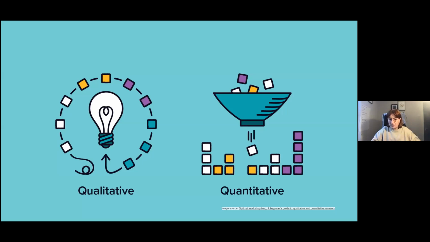But you can still get quite good quantitative metrics from usability testing, depending on the project or your overall objective. Some of the metrics that we would typically use or try to understand within usability testing are things like success rate. So if you're giving your user a task, have they successfully completed that task, or were they unable to complete that task?